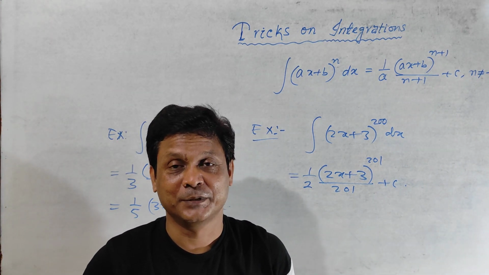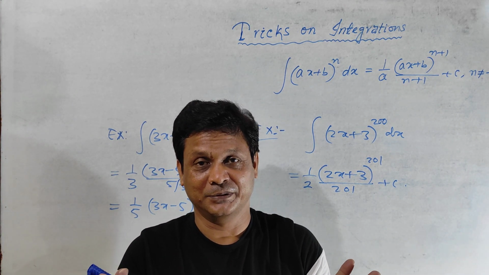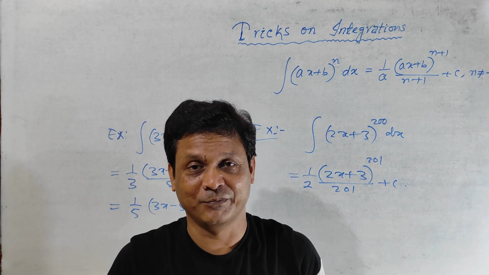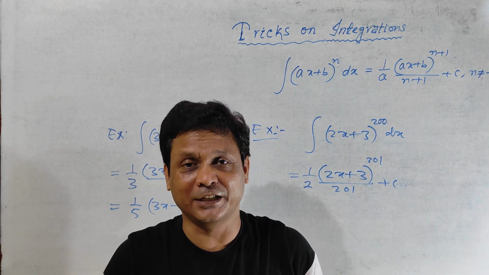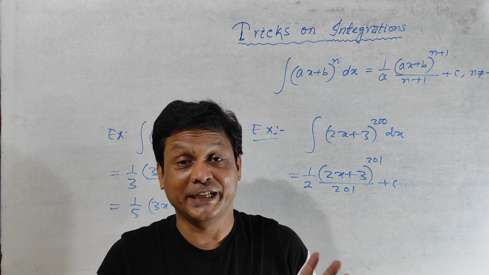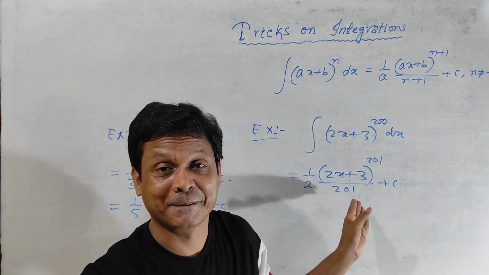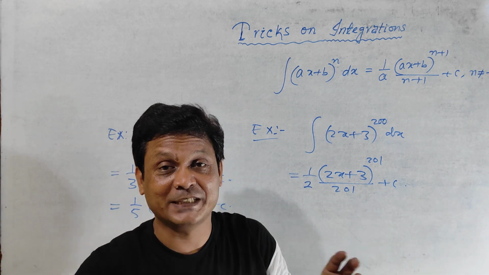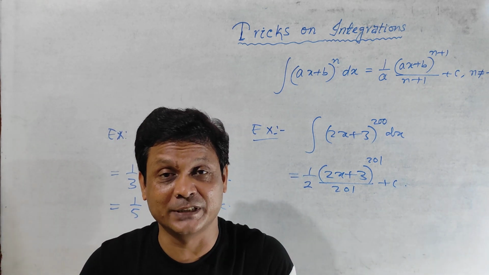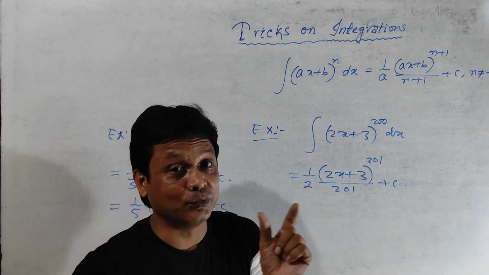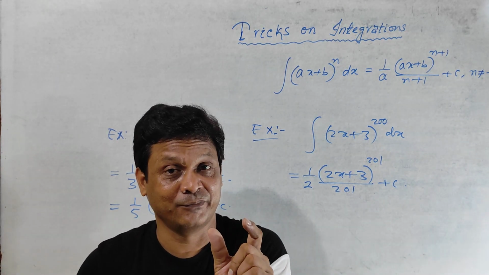Clear? Simply tell the truth, is it clear to you or not? Can you do the problems directly or not? But in the exam, these are 0 mark questions. That means in a 3 mark or 2 mark question, it will be one part of the question.